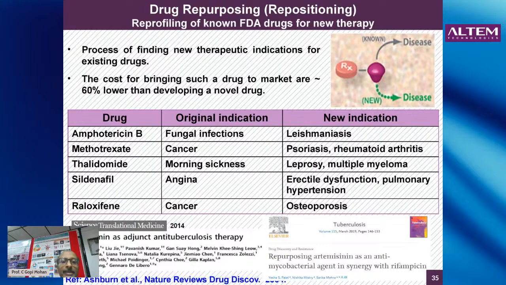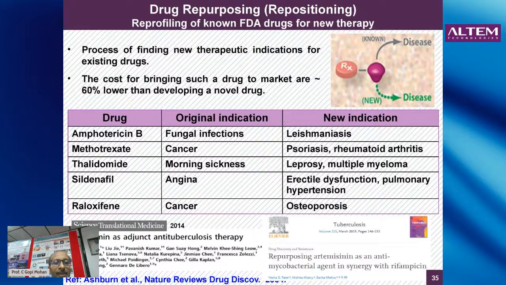Drug repurposing, as all of you know, is reprofiling of known FDA products for new therapy. Their PKPD and clinical trials have already been successfully performed in regulatory aspects, so we have all the data in our hands. It is only to check whether the drug can be used in some other disease condition, a new indication.